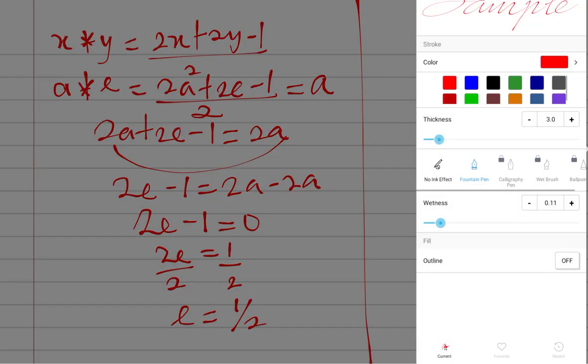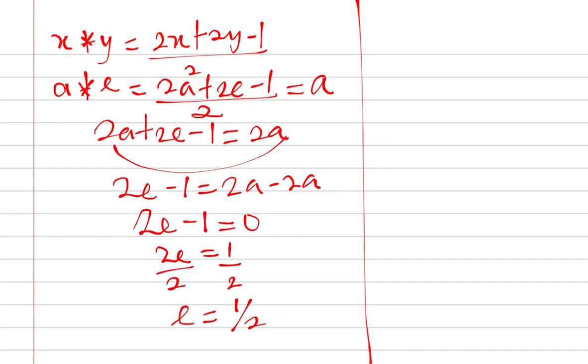Let me change this pen to black now. Number one, do for x operation y equal to 9xy. Yes, find the identity elements of that particular solution. All right, find the identity elements of this solution.